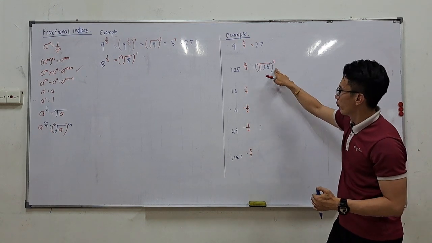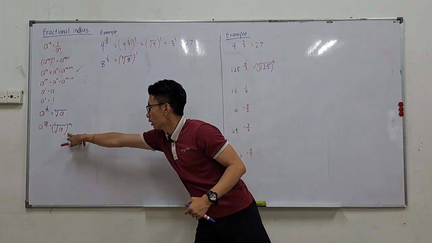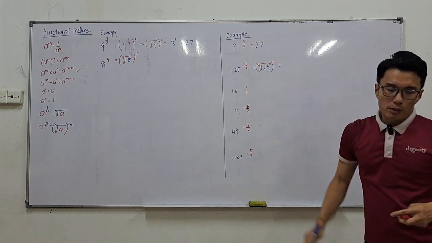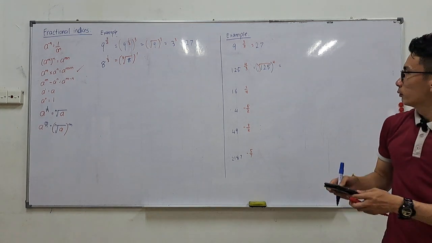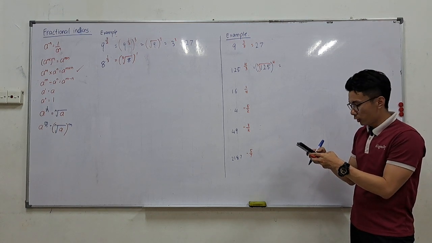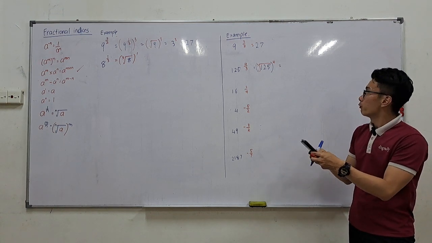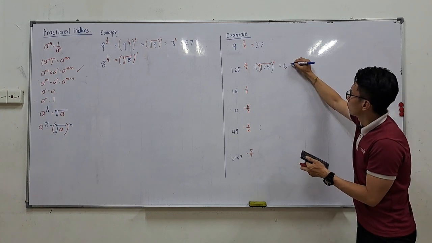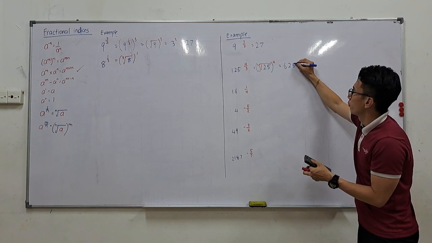You see, what have I done? I have just applied the rule over here. And then if I want to solve this, the cube root of 125 will give me 5. 5 raised to the power of 4 will give me 625.